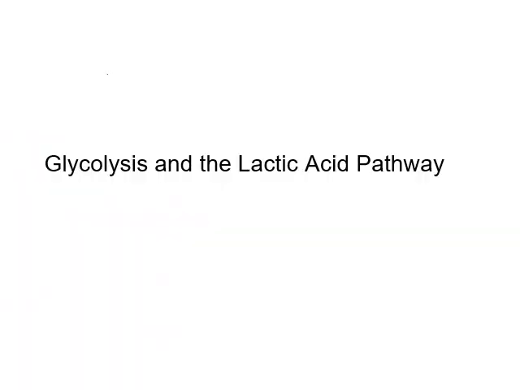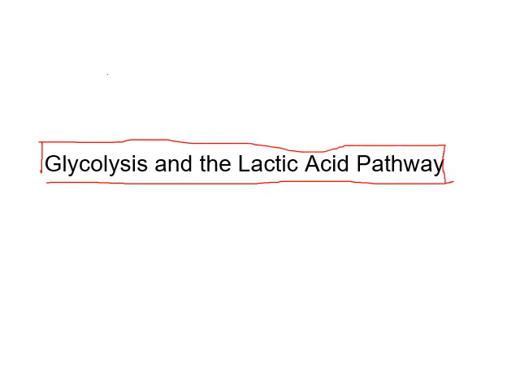So let's look at this first step in breaking down glucose, glycolysis, and the lactic acid pathway. Again, this can occur without oxygen. We don't have to have O2 to run glycolysis and ultimately the lactic acid pathway.